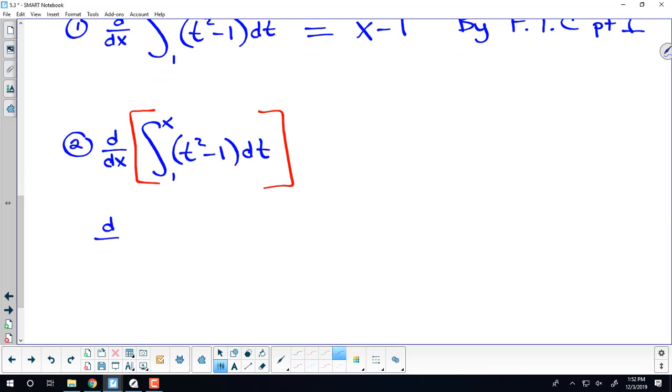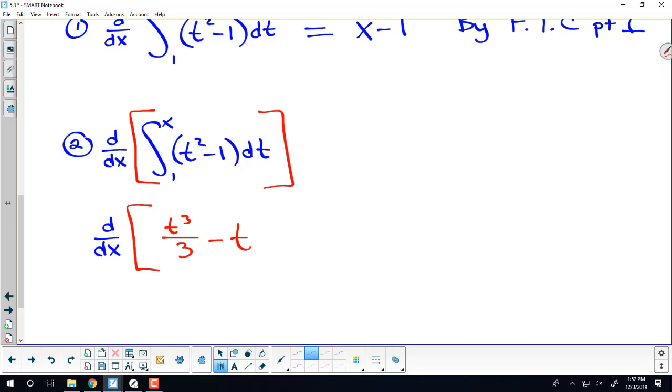So the derivative is the thing we're going to apply last here. What's the antiderivative of t squared minus 1 with respect to t? t cubed over 3 minus t. Right. t cubed over 3 minus t.